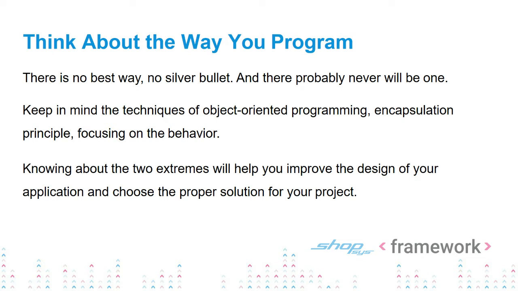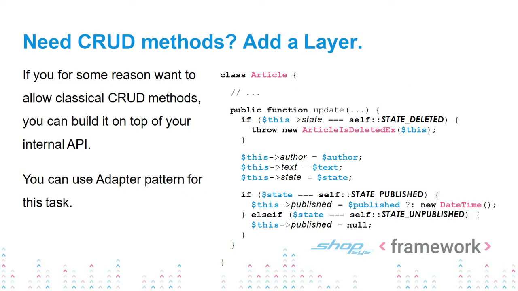Knowing about those two extremes, the anemic and rich domain model, will help you to design your APIs better and really choose a better way for your exact application, for your exact project. And when you, for some reason, need CRUD methods, you can always add a layer. We see here the previous example of an article with a method update.